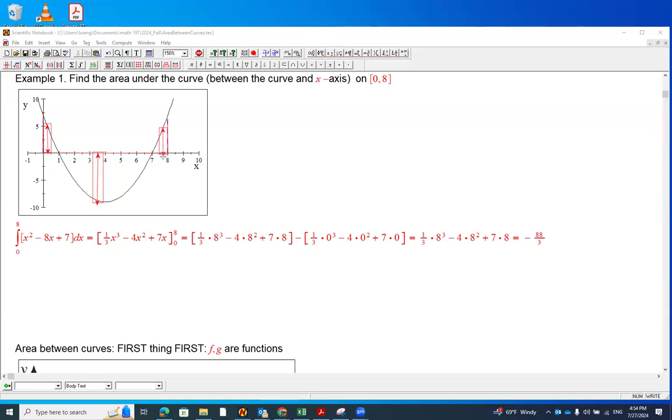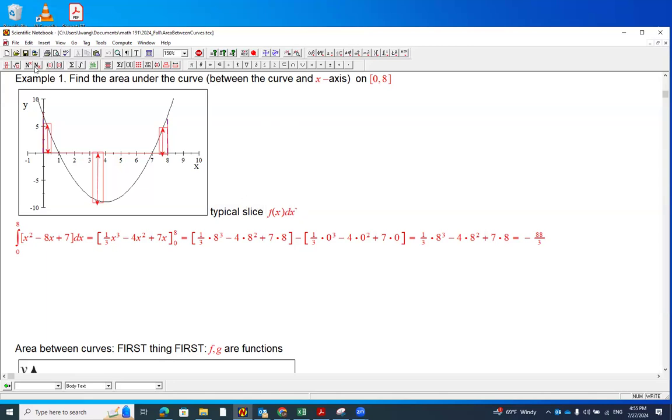So when we look at that typical slice, the height is f of x. Sometimes it's negative, sometimes it's positive, that's okay. And the width is delta x. Delta x, after taking the limit, that's dx.